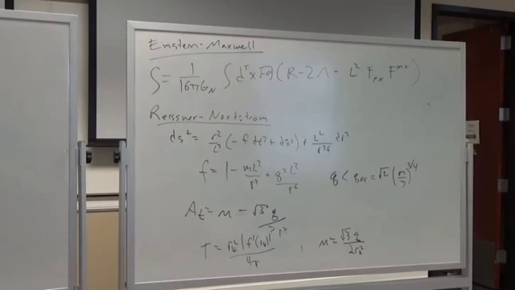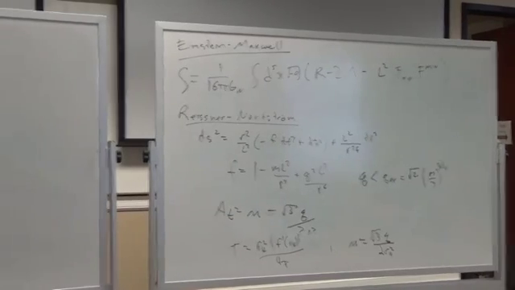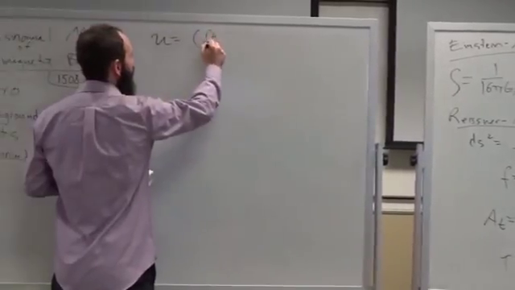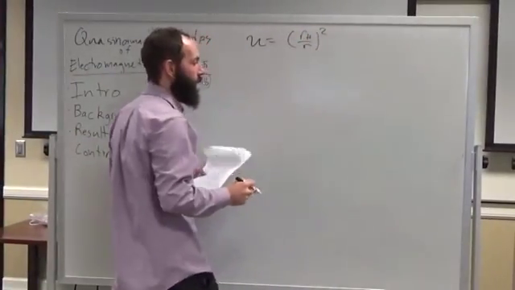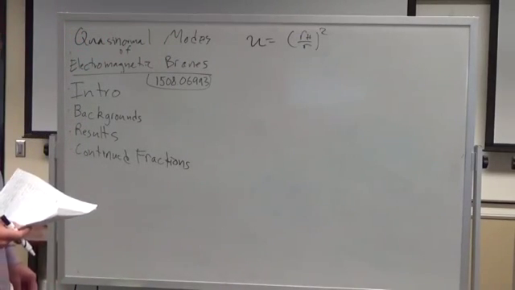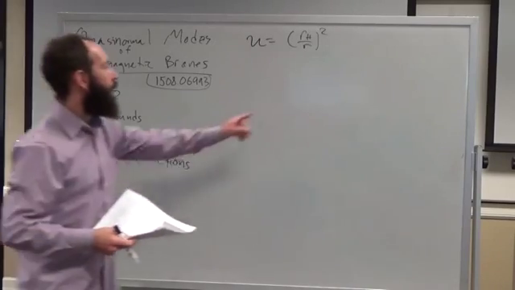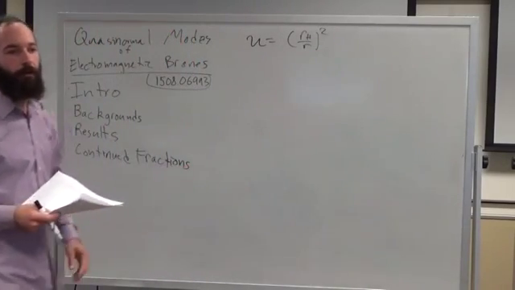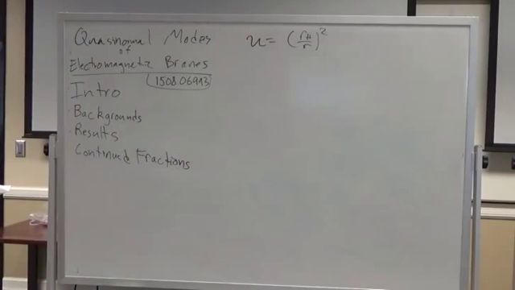I'm going to define a new radial coordinate, u is RH over r, squared. If you look at the metric, you'll see it only depends on r squared, so it's reasonable to define it squared, and it will simplify a lot of our equations of motion.